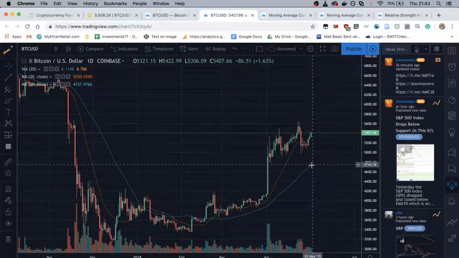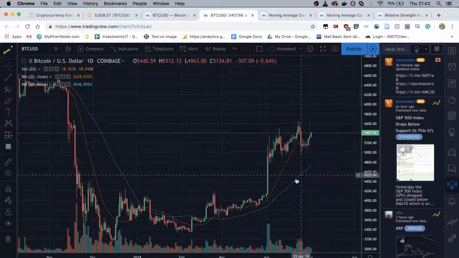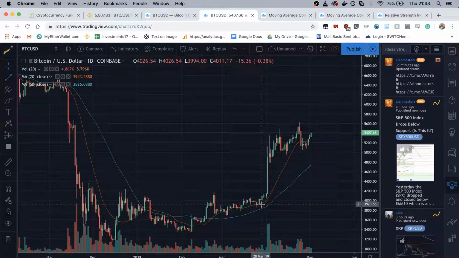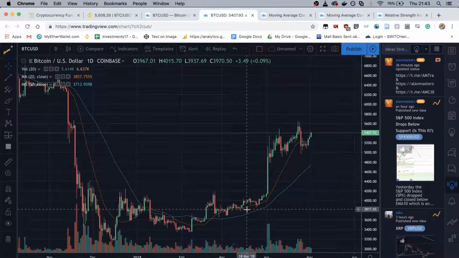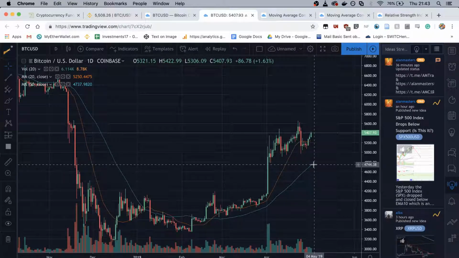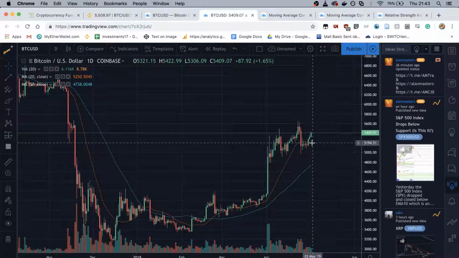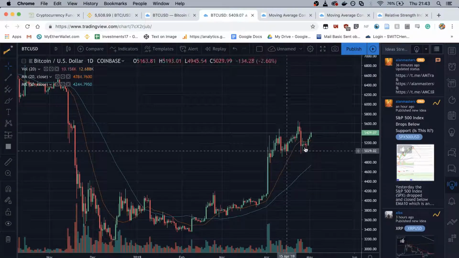If we look at the blue candle, this point here represents the last 50 candles and an average between the closing and opening prices. And as you can see, this one is much lower and less responsive than the orange line. This one is an average of the last 20 candles.